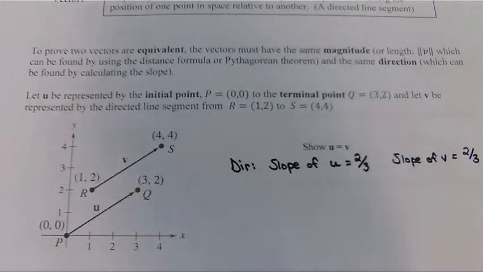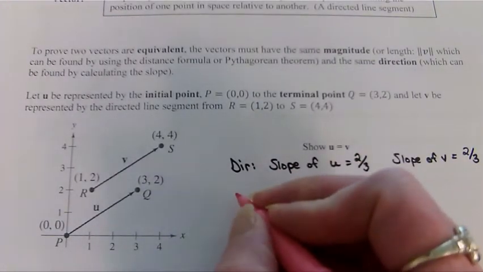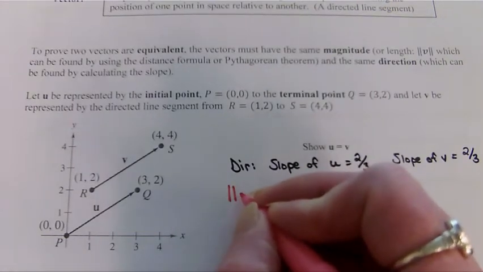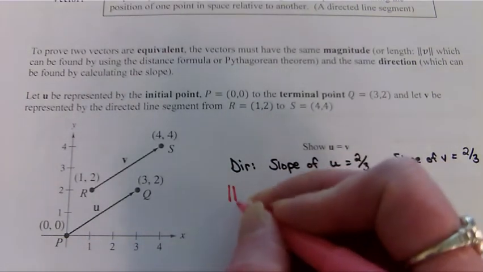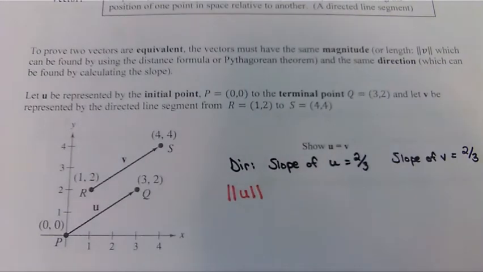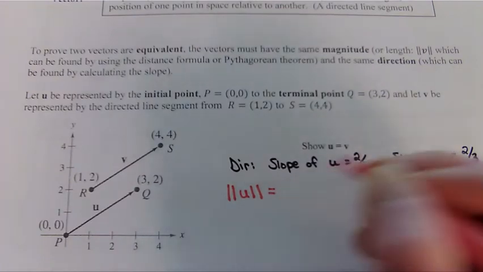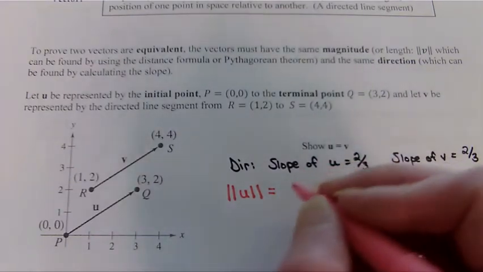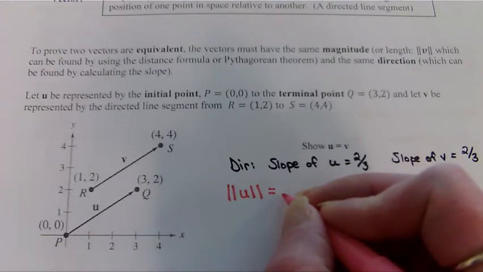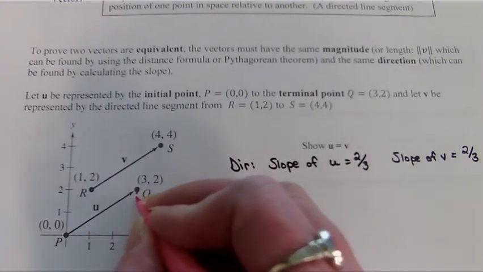To find the length, we can use the distance formula or the Pythagorean theorem, because it's the same thing. If I wanted to find the length of U, the way we denote that is with double bars. That means the length of U. Actually, let's just draw since we've got the picture.